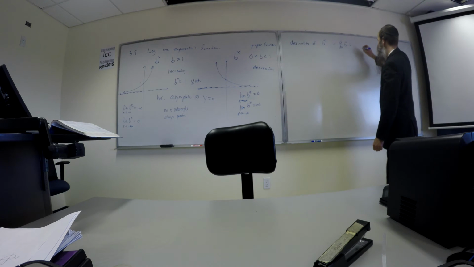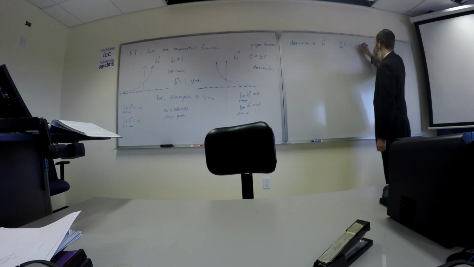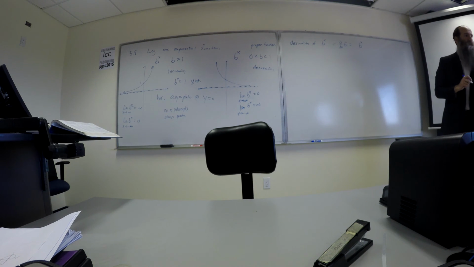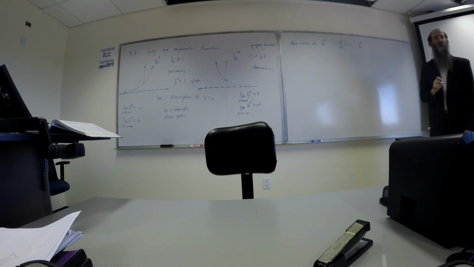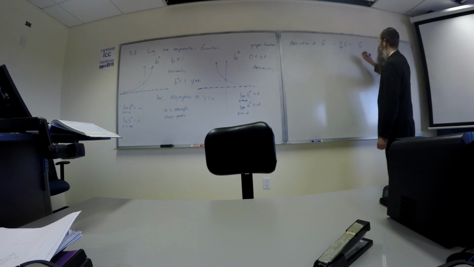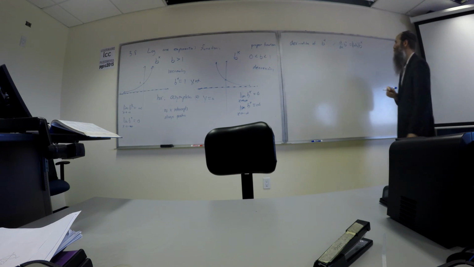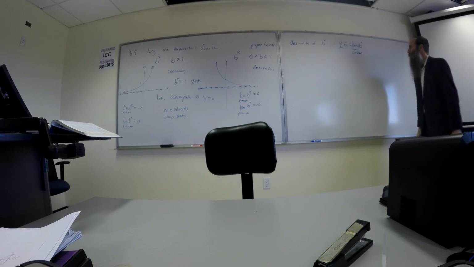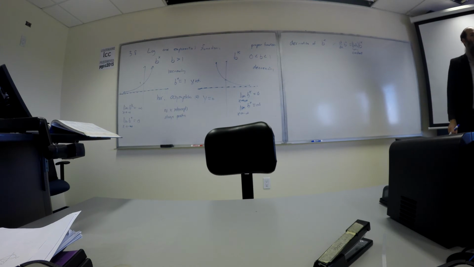No matter what the base is, it doesn't matter. But it is not like e to the x necessarily. Only e to the x has a special quality that it is itself completely. This has a compensatory factor of ln of b. Right? So there is this multiplicative constant here. That guarantees you have the correct rate of change.